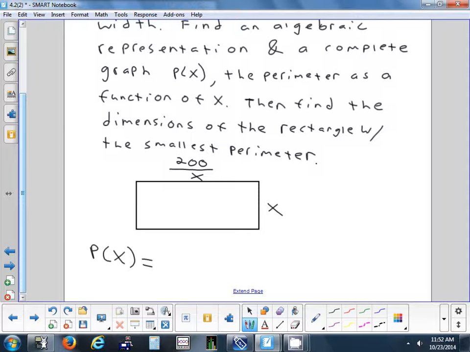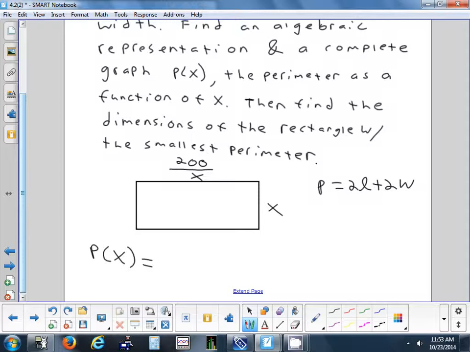Augustine? How about you just start and tell me what's the formula for the perimeter of a rectangle in general? Length times width. That's area. Oh, wait, no. Perimeter is 2 length plus 2 width. Okay.